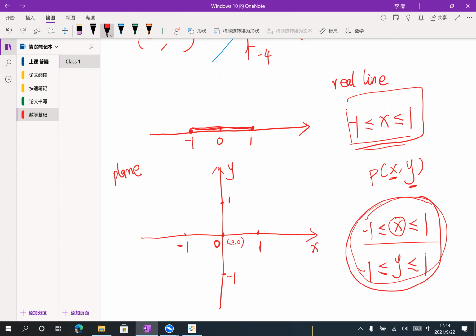For this point, the x coordinate is 0, and 0 is larger than -1 and smaller than 1, right? And the y coordinate is also larger than -1 and smaller than 1, right? So this point will satisfy this inequality. Let's see this point: the ordered pair for this point is what?